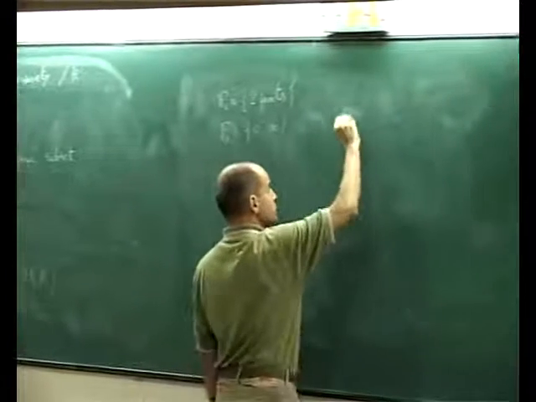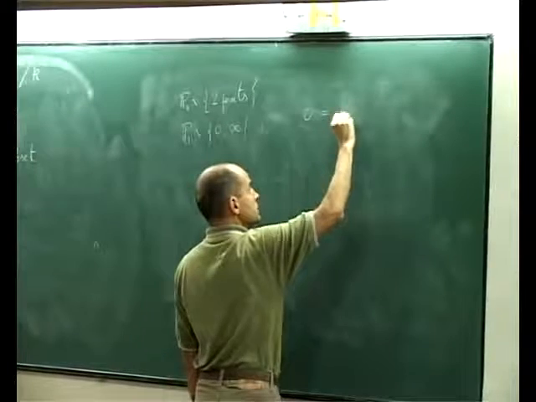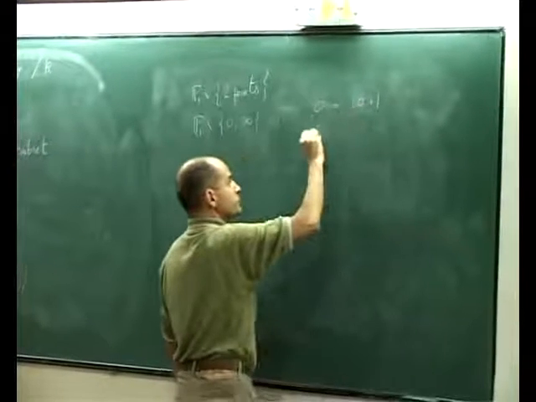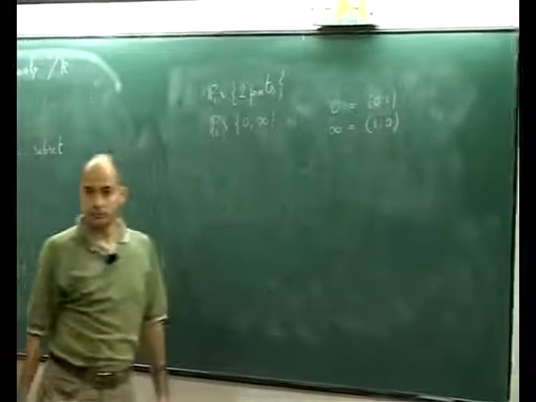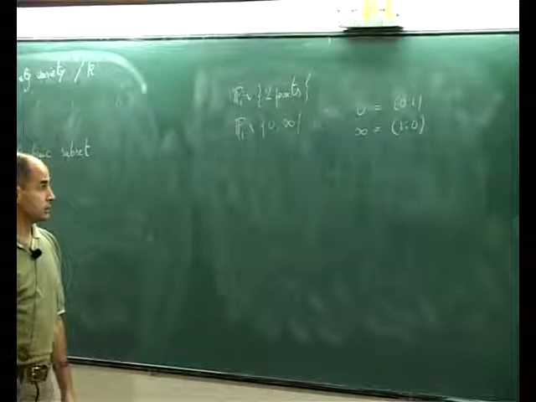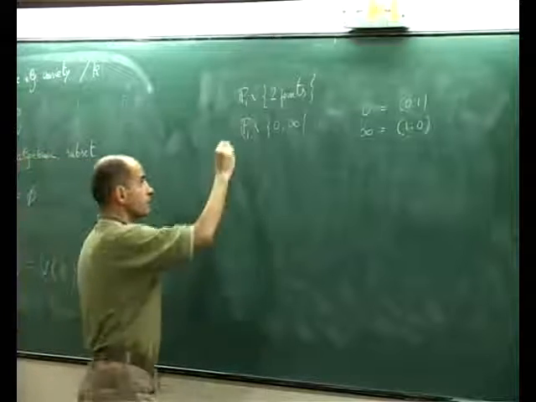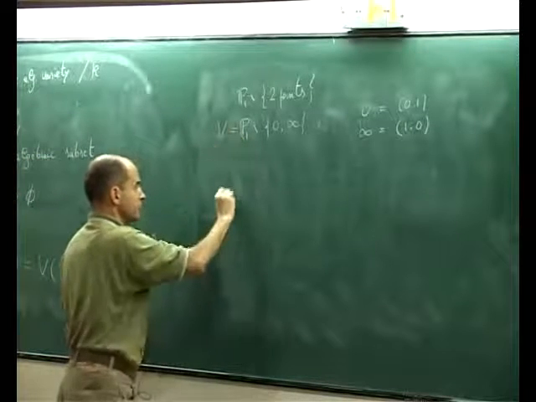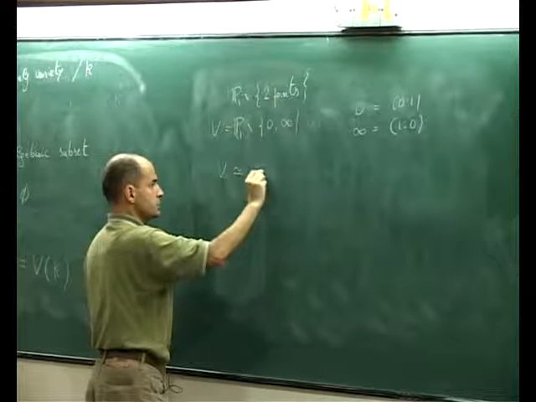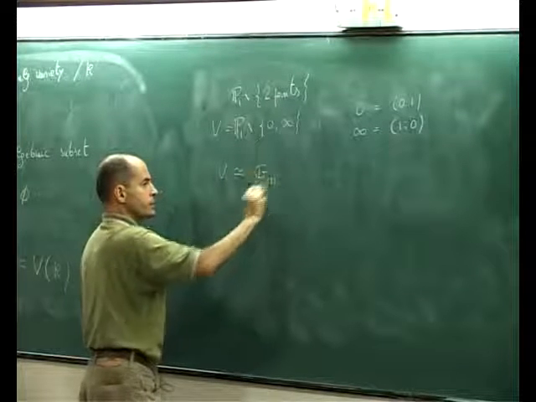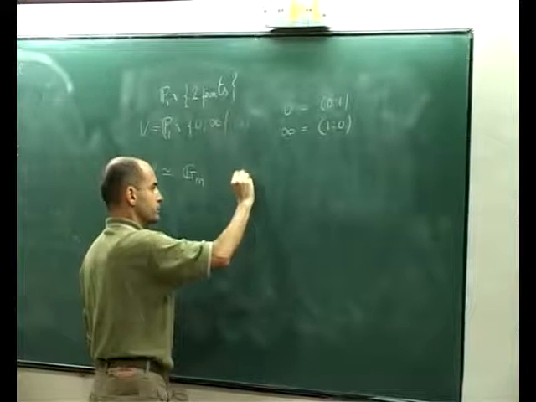So 0 is the point (0, 1), and infinity is the point (1, 0). So this is B. What is B? B is isomorphic to the group variety Gm, the multiplicative group.